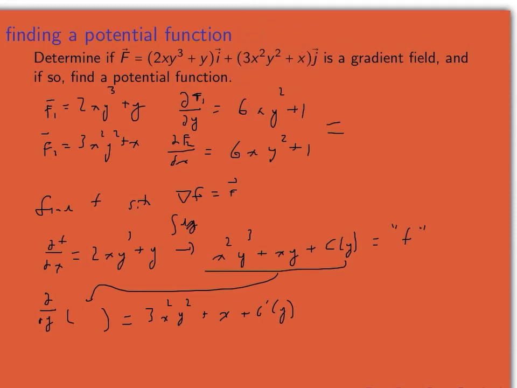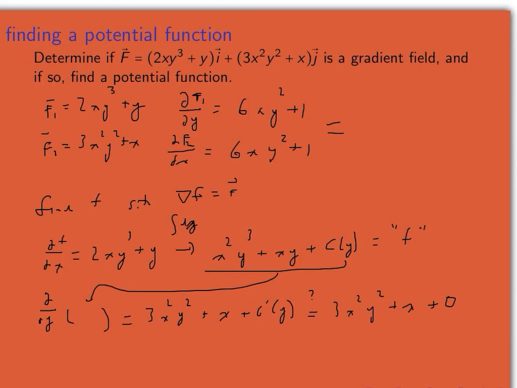So I need this to be equal to 3x squared y squared plus x. And I'm just going to add a plus 0. You'll see why in just a second. So notice that everything matches up. 3x squared y squared, 3x squared y squared, x, and x. This piece came from differentiating my candidate for little f. This piece came from the vector field f.